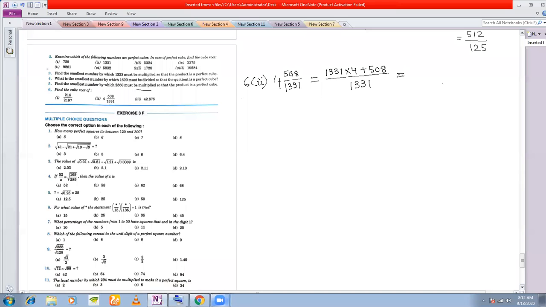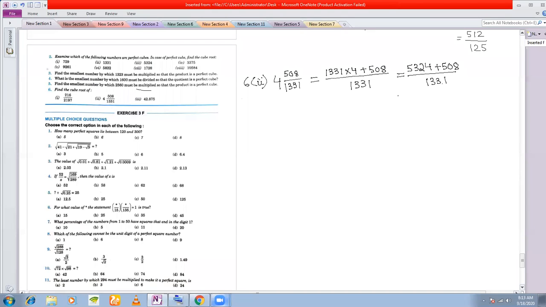So this is 1331 into 4 is 5324 plus 508 divided by 1331.